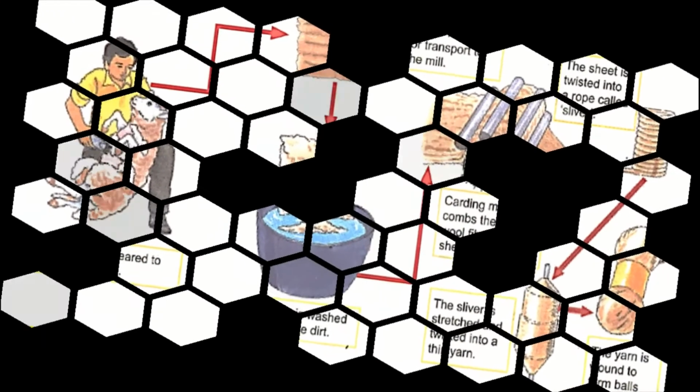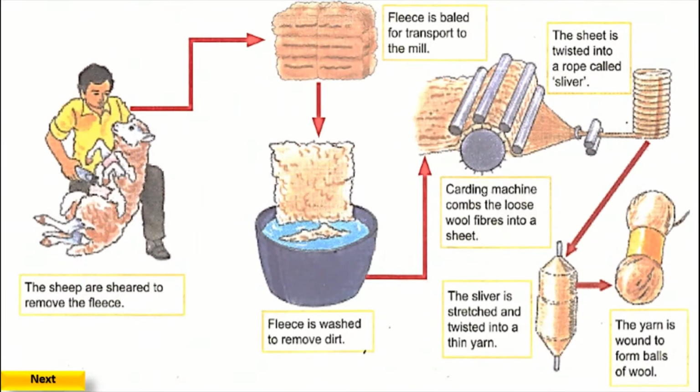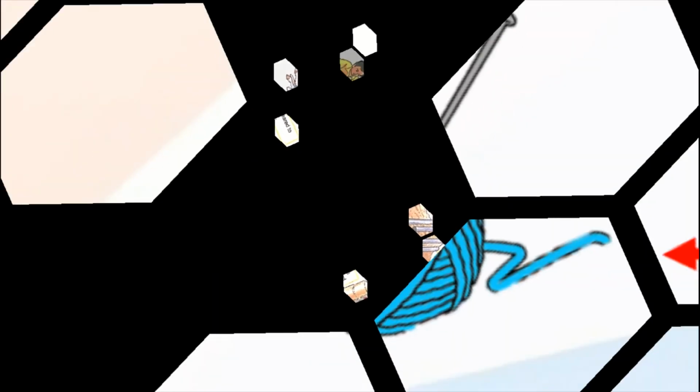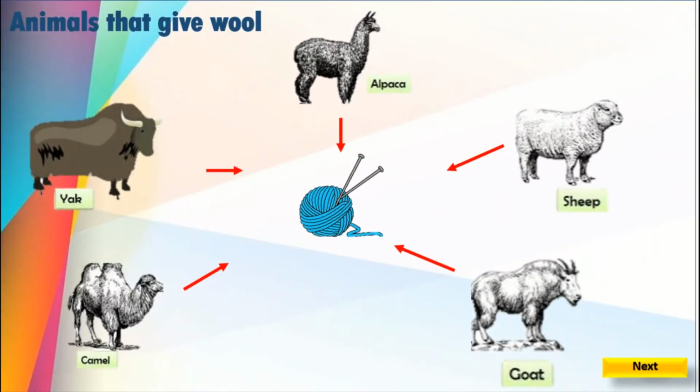Now we have come to the process of wool. Just go to the previous slide and just remember these names: yak, alpaca, sheep, goat, camel and llama also. Okay, just remember llama also, right?